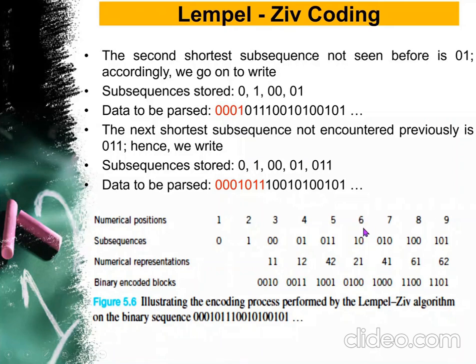But 1, 0 is already present at position 6, so we have to take the next bit. The group of 3 bits, 1, 0, 0, is non-existing, so it goes at the 8th position. Then the last group, 1, 0, is already existing at position 6, so the group will be 1, 0, 1. This is the last subsequence and is written at the 9th position. All of you have understood this?